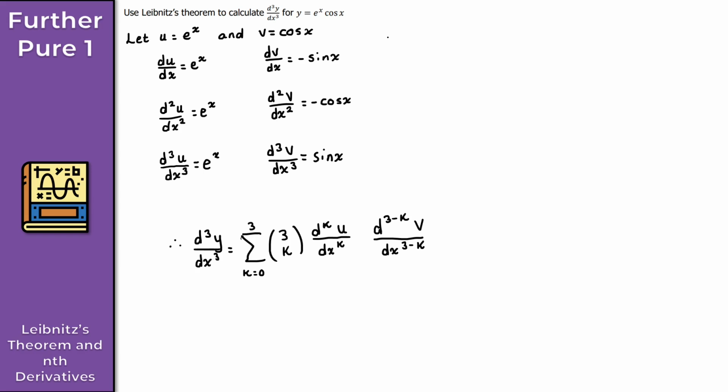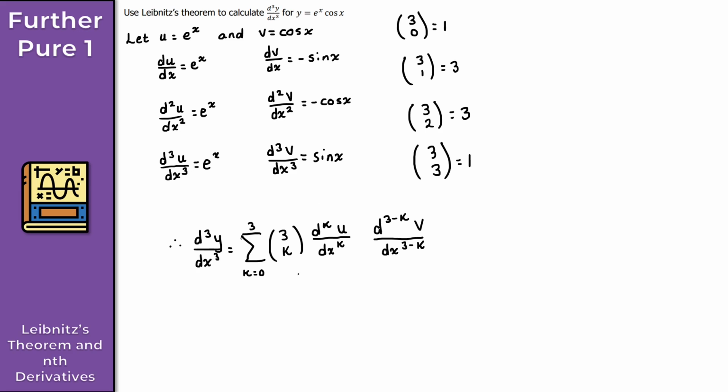So we're going to have 3 choose 0, 3 choose 1, 3 choose 2, and 3 choose 3. 3 choose 0 would give us 1 here. 3 choose 1, which is 3. We have 3 choose 2, which again is 3 here. And then finally, we have 3 choose 3 here, which gives us 1.